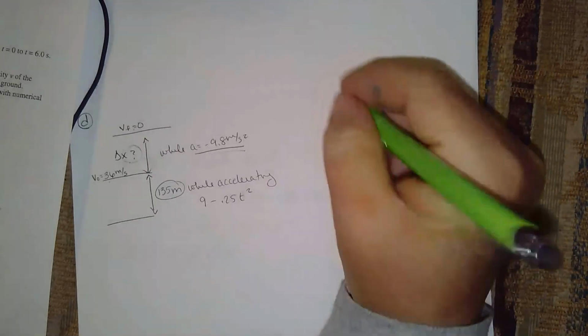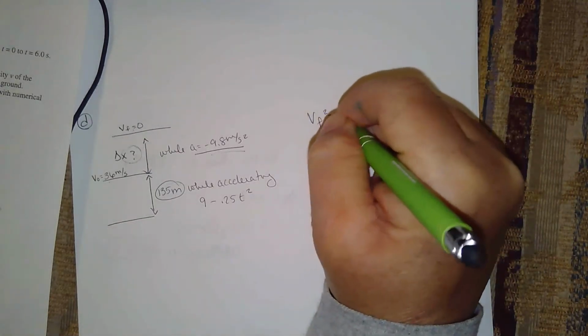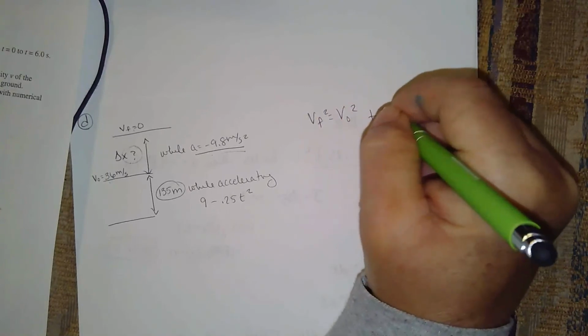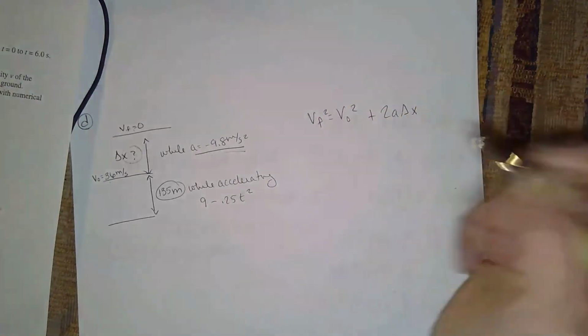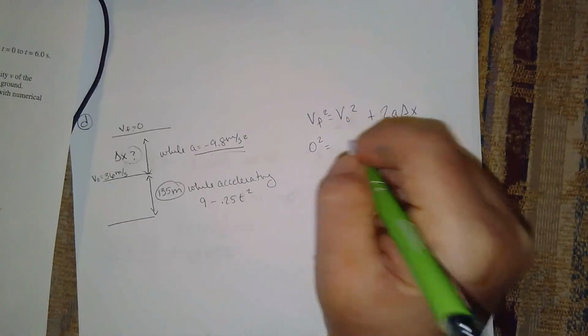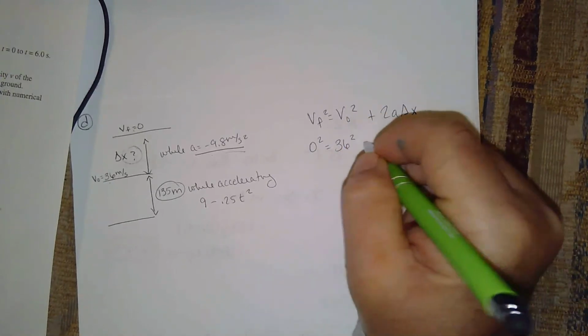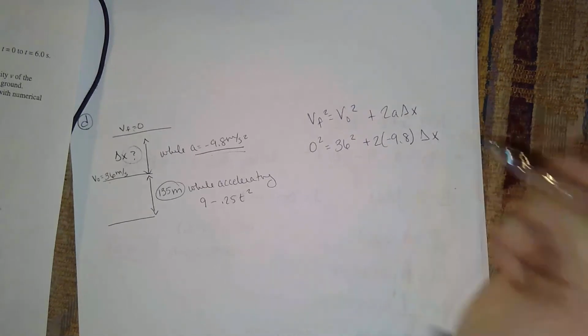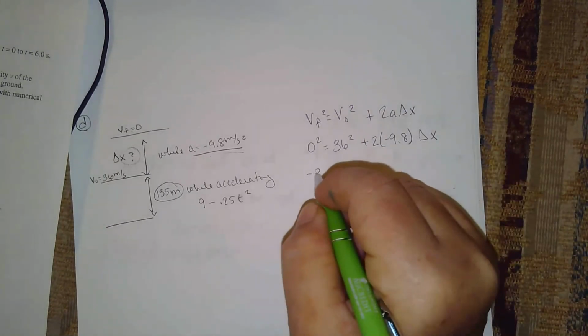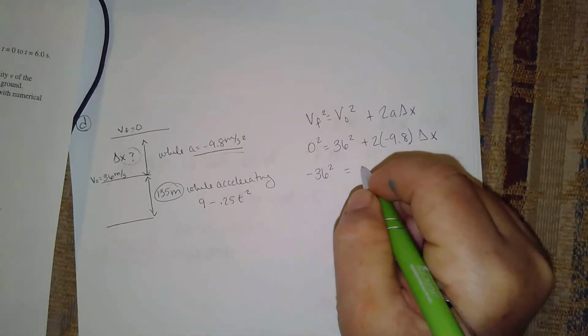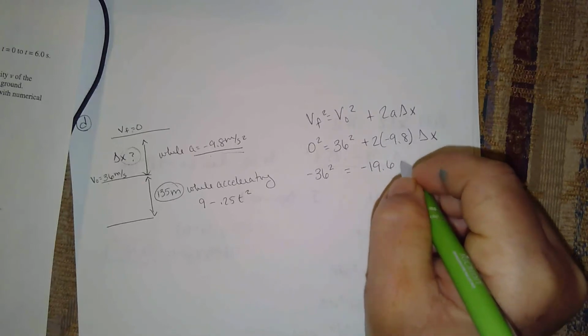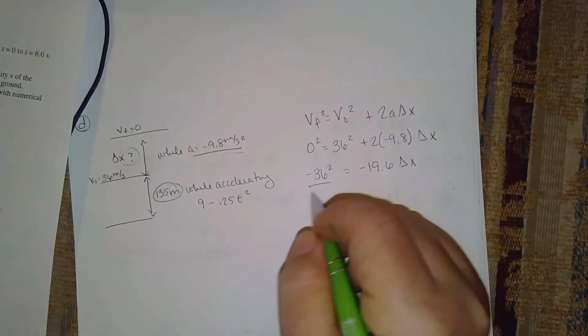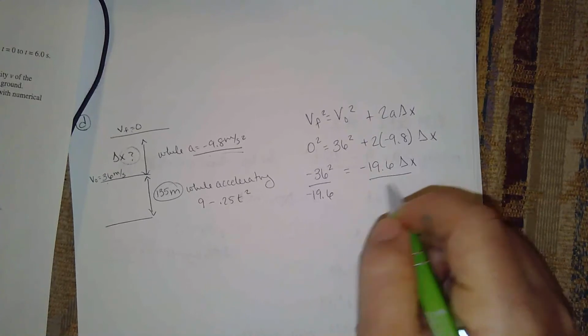So I say, well, V final squared is V naught squared plus 2A delta x. V final is 0, V naught is 36, the acceleration is negative 9.8, and I'm looking for how high did I go. So I subtract 36 squared from both sides. Go ahead and multiply that out, divide by negative 19.6.